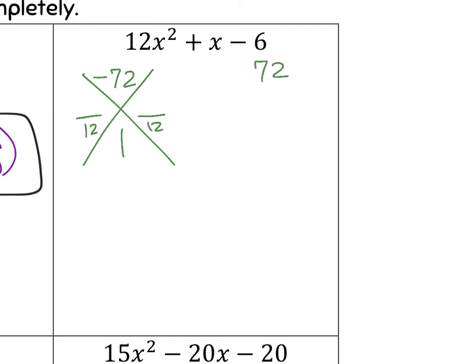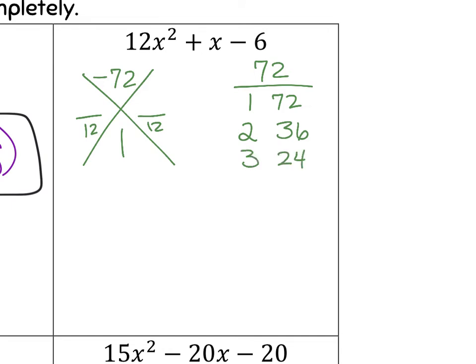Okay, so we need a number that's going to multiply to 72. So let's make a nice list for 72. What goes on it first? 1 times 72. 2 times... Everyone has Desmos open, so 72 divided by 2 is what? 36. What about 3?